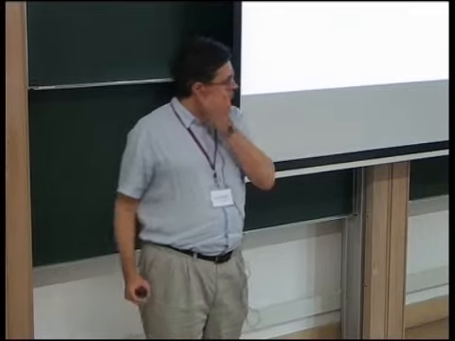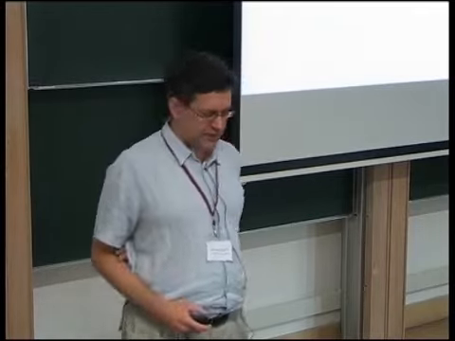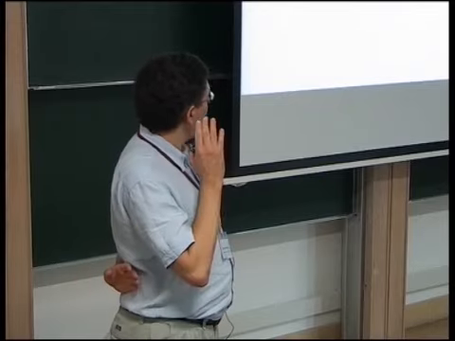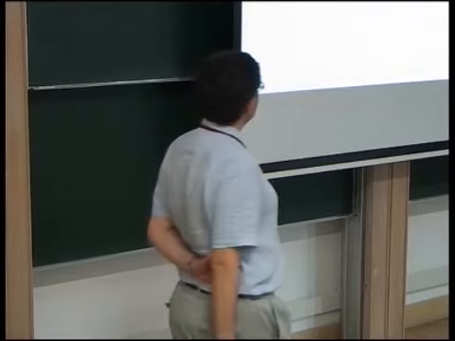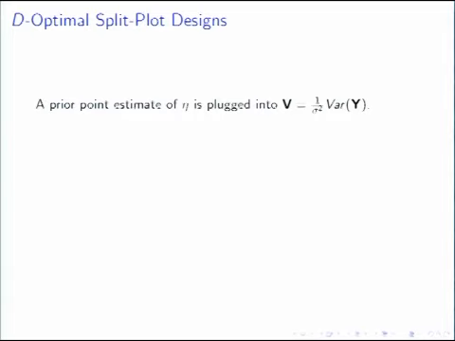The second completely different way of building these designs is to take a straightforward or more mainstream D-optimality or A-optimality or any other kind of optimality approach, although it's mostly D that's used in the literature. And the idea here is that we think of the structured variance matrix for the observations, call that V. I've taken out the sigma squared just because it gets in the way.